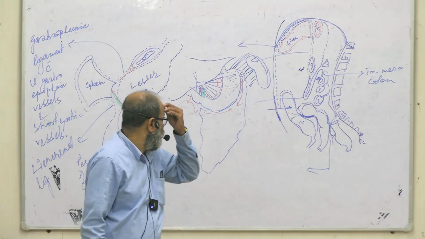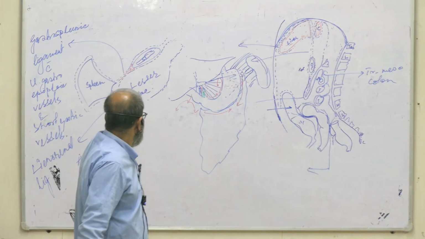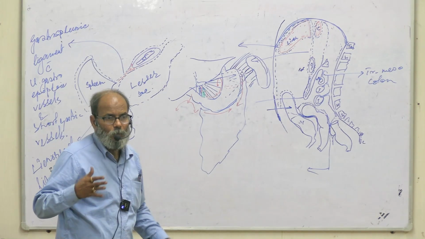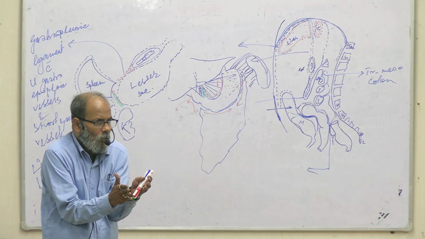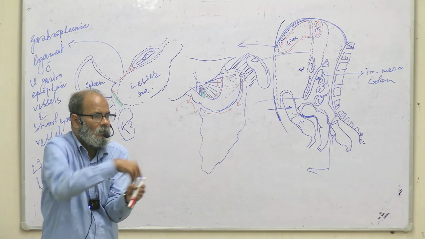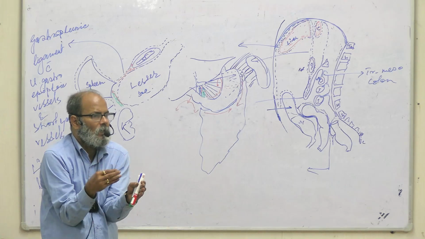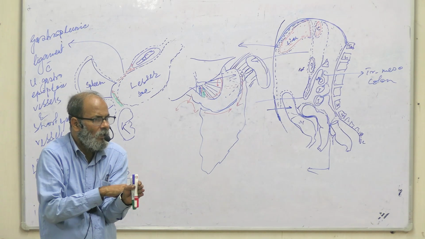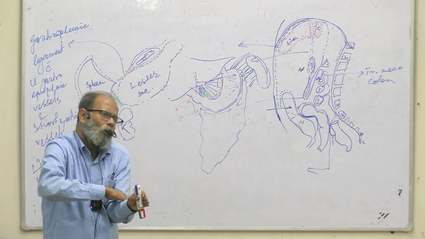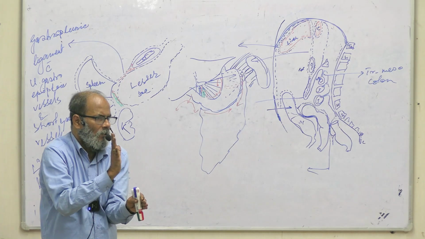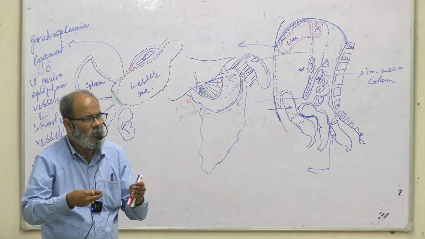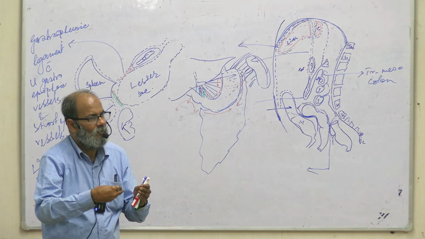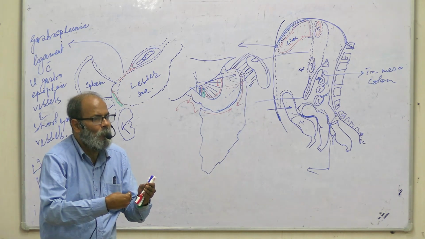Now, what you can see here, on these two leaflets of the dorsal mesogastrium of the stomach, there are two depressions, one on the right, one on the left. The left one closes and doesn't remain patent. On the right, this depression enlarges as an in-pouching of peritoneum.